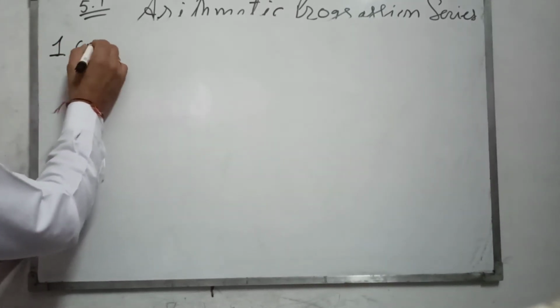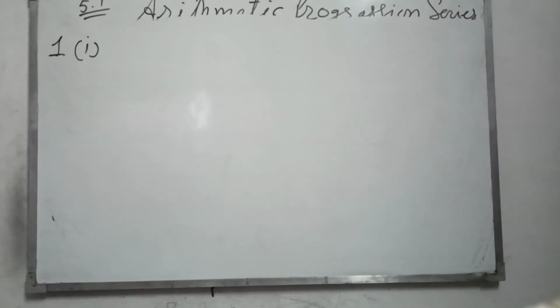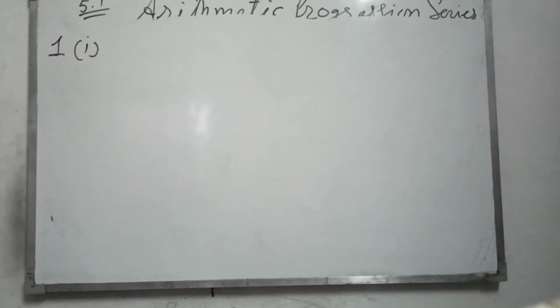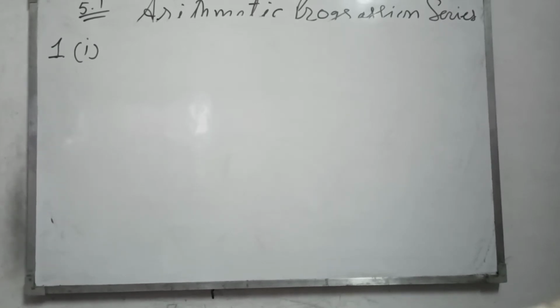Question number 1, part 1: In which of the following situations does the list of numbers involved make an arithmetic progression, and why? The first part is a taxi fare.